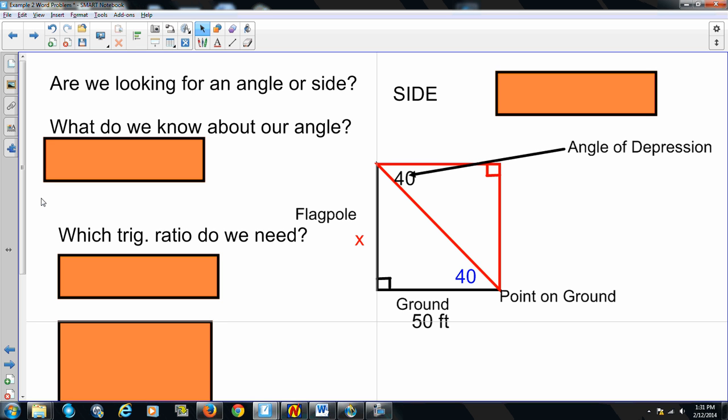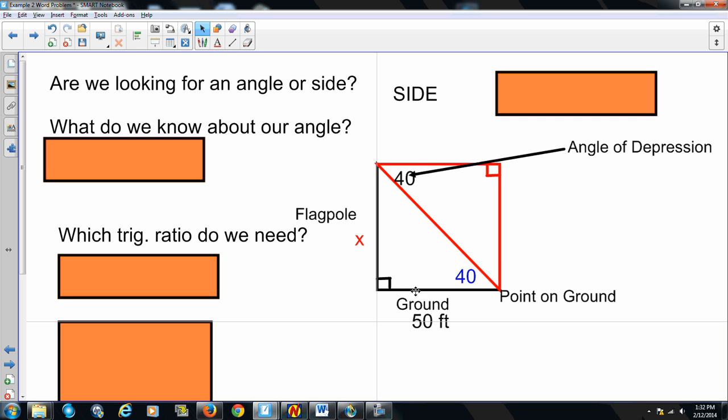We know a couple of things. One thing I want to point out is that this is a horizontal, and this is a horizontal. These lines right here are parallel. So the flag's line of sight out this way is parallel to the ground.